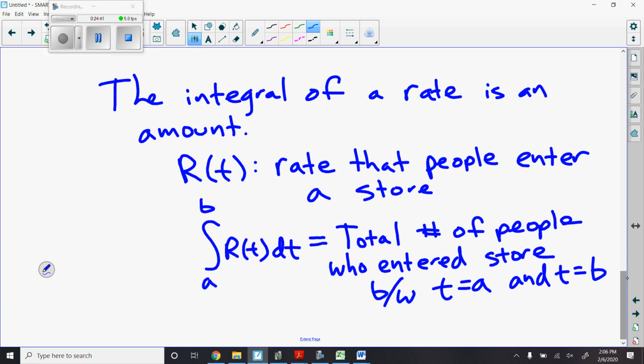When we integrate it, we're going to get people, and the context there is that's the total number of people who entered the store. What we need to be careful of is that average value unit analysis.